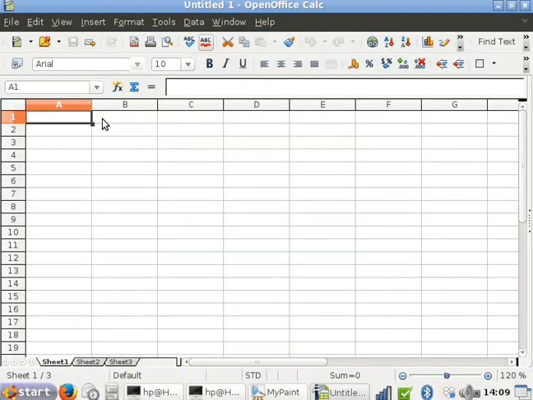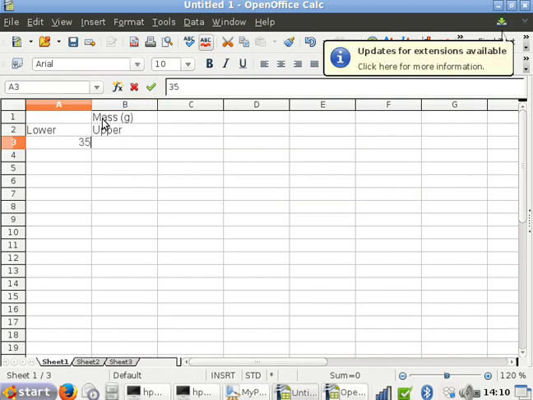Okay. Mass. Yes, this is mass in grams. And this is the lower. This is page 9. Lower, upper: 35, 45, 50, 55, 60, 70.